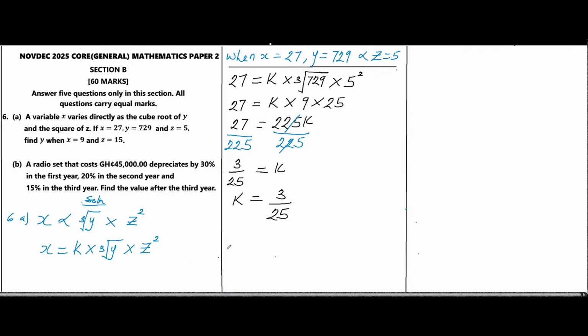So our new equation becomes x is equal to, so we are substituting 3 on 25 in place of k, then multiplying the cube root of y, multiplying z squared.